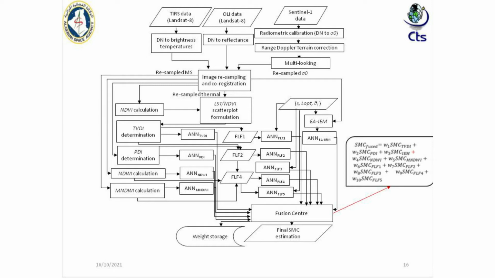The estimations of all of these artificial neural networks are fed to the fusion center, where a weight will be assigned for each of the estimations. Then we used the Bayesian inference and the FCLS to calculate those weights. In the end, we'll have this final SMC estimation, and we'll store these weights for future executions.